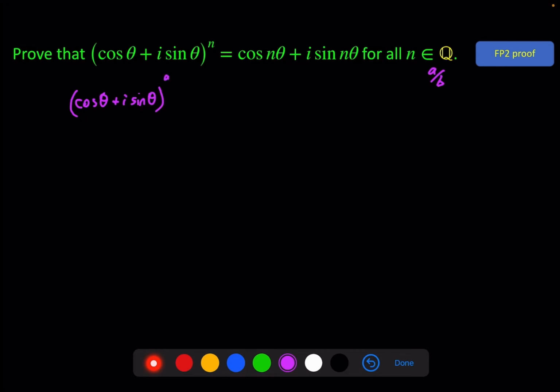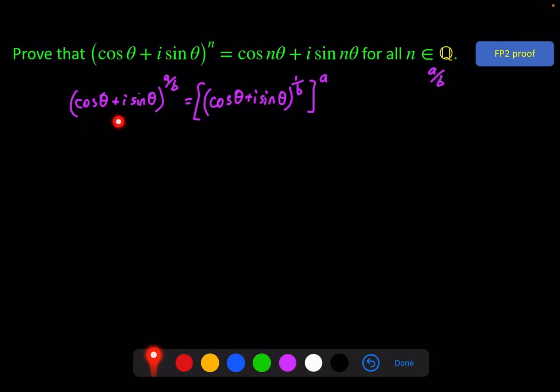Now n is equal to a over b, where a and b are both integers, and straight away I'm going to split that into cosine theta plus i sine of theta to the power 1 over b, and again to the power a, because you know from your indices work that this is true, and the a here is just an application of what we had on the previous screen. If this is an integer, then we know that's fine when we come to do that. The question here, the heart of the proof of this, is whether or not this can be converted into cos theta over b plus i sine theta over b.